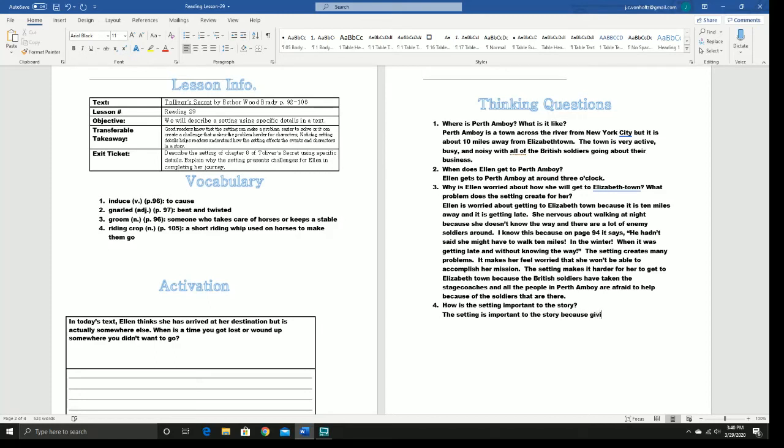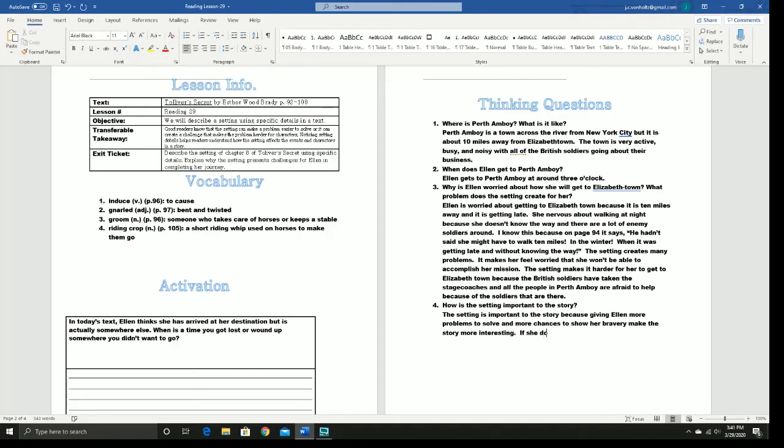Because giving Ellen more problems to solve and more chances to show her bravery makes the story more interesting.